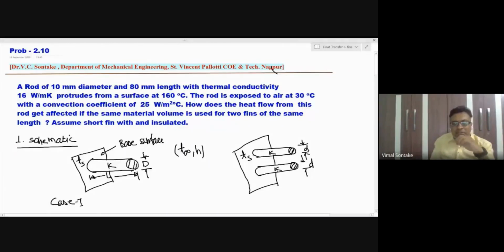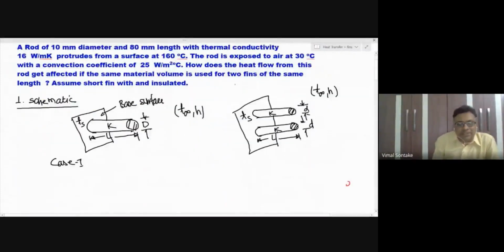They are attached to the same base surface at temperature Ts and they are exposed to the same environment. And their length is also same as of previous single fin. Got my point? Got the schematic? This is case number 2.